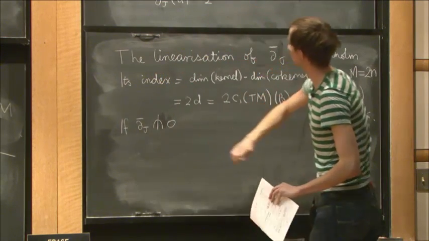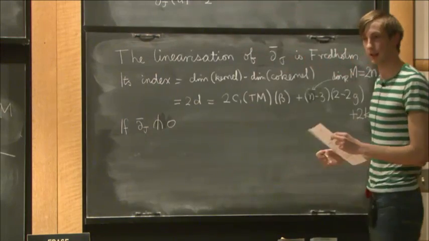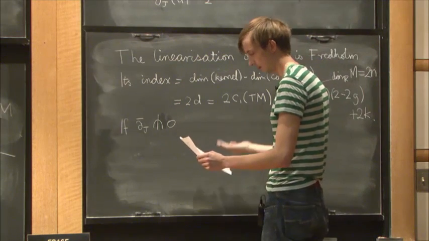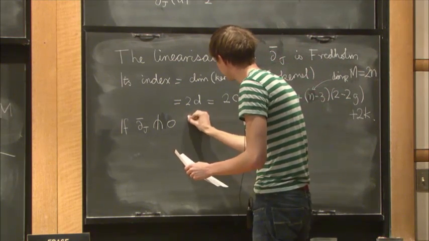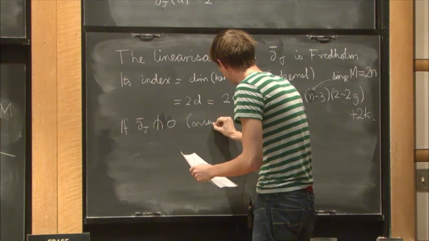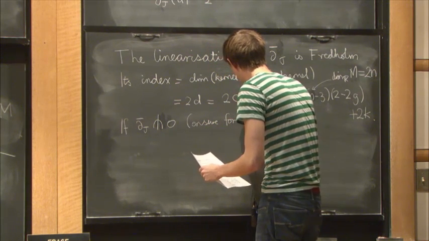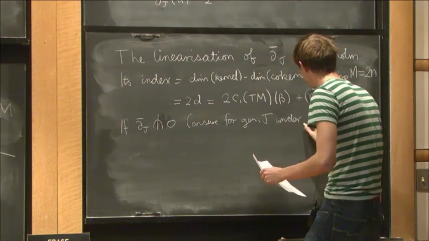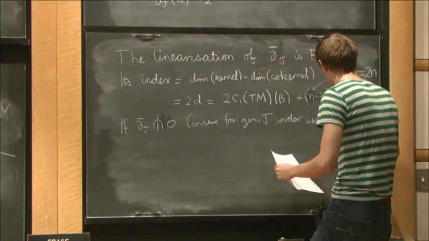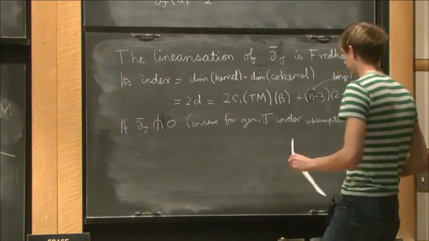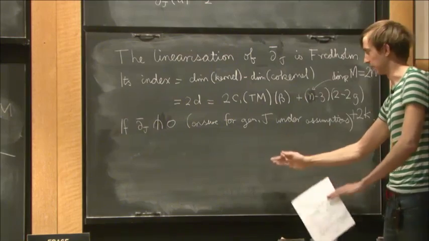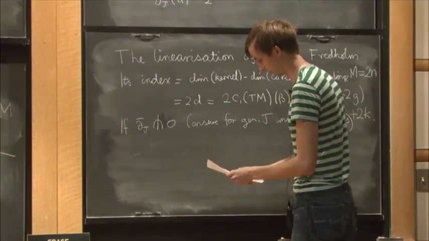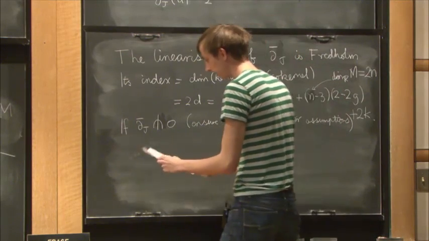So if this section del bar J is transverse to the 0 section, which, as we were discussing, can sometimes be ensured for generic J. And of course, sometimes this cannot be ensured, and this is a subject that Helmut is a world expert on, how to deal with that.